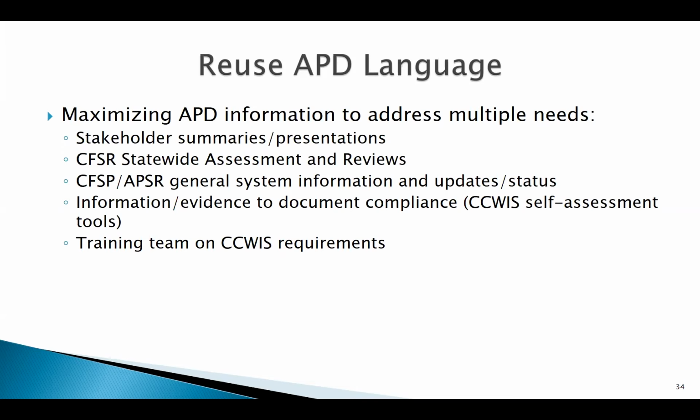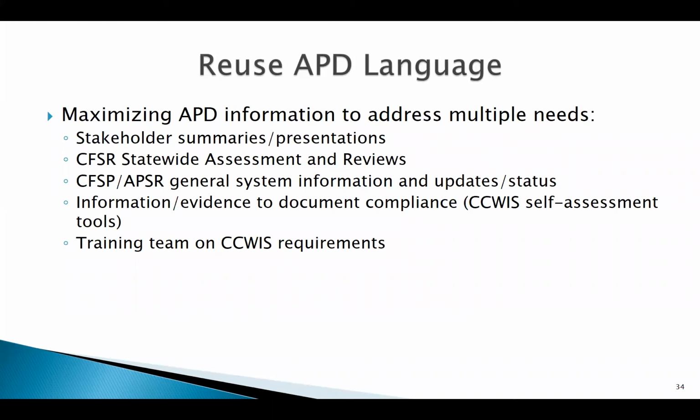So if you have regular summaries that you need to give your stakeholders, or maybe you do state user group meetings, if you format your APD updates around what you're planning on doing, and your language to describe your projects in an easy way, you can just reuse that information. You don't have to recreate it. You can just copy paste.